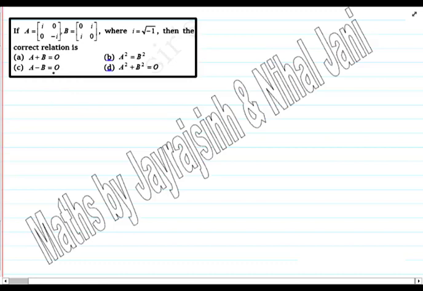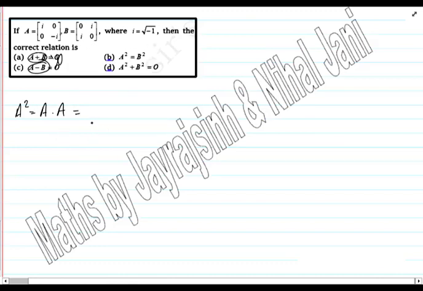Now from visual inspection, you can see A plus B or A minus B, both are not equal to 0, right? Now we have to check options B and D, and for that we need A square as well as B square.